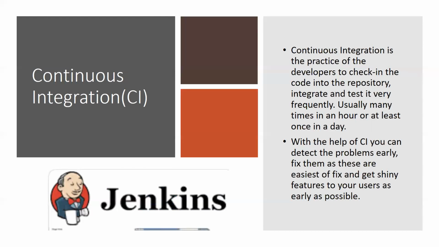When we are talking about continuous integration, it is where the developer checks in the code and stores it in some repository, and then a test happens. That test result comes back to the developer, saying that, okay, this many test cases were successful and this many test cases failed. All of this should be automatic.